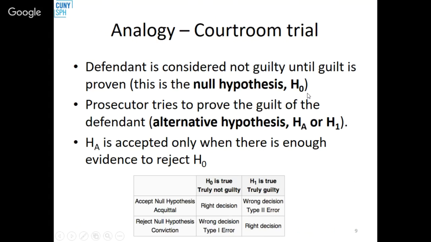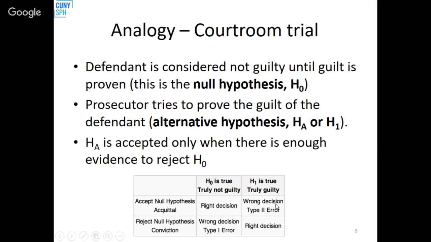That corresponds to the null hypothesis. So in the absence of any evidence, you accept the null hypothesis. If you're needing to decide what your null hypothesis is, that is the one that you have to accept in the absence of any evidence. And then your prosecutor tries to prove the guilt of the defendant, or tries to prove this alternative hypothesis. And that alternative is accepted only when there's enough evidence to reject the null hypothesis.